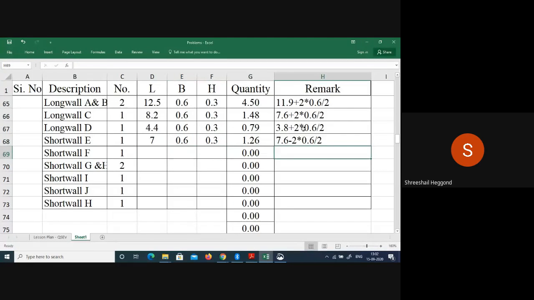Next, F is also 7.6 minus, but here in between one junction is there, therefore you need to deduct 0.6 minus 2 into 0.6 divided by 2. It has to be 0.4.